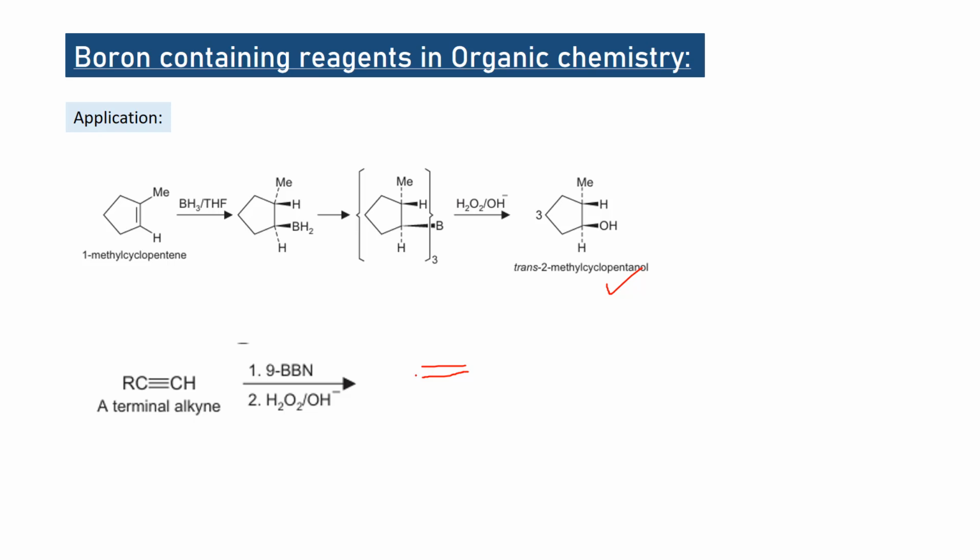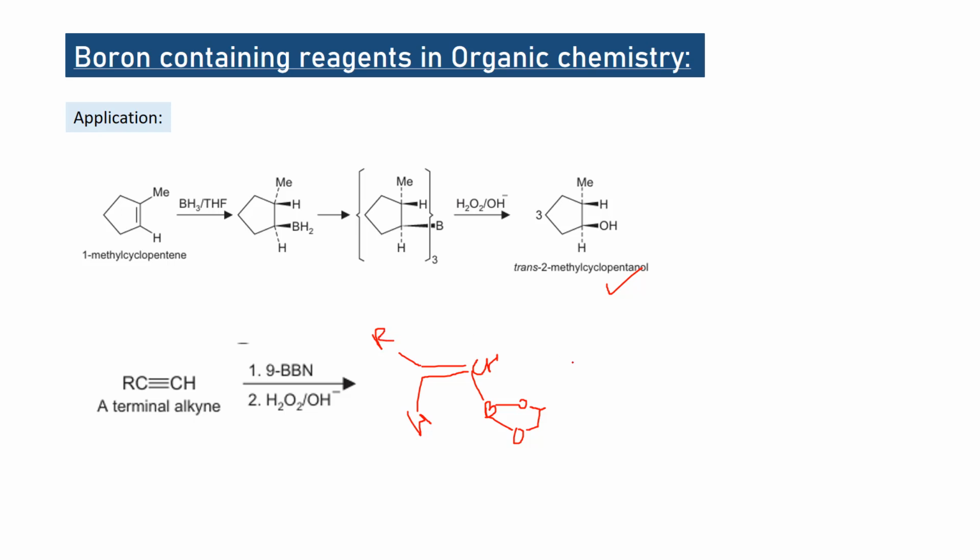As we know, boron will add to the less substituted carbon. So here the less substituted side is this one, so boron will add here, and the hydrogen will be added at this more substituted carbon center.